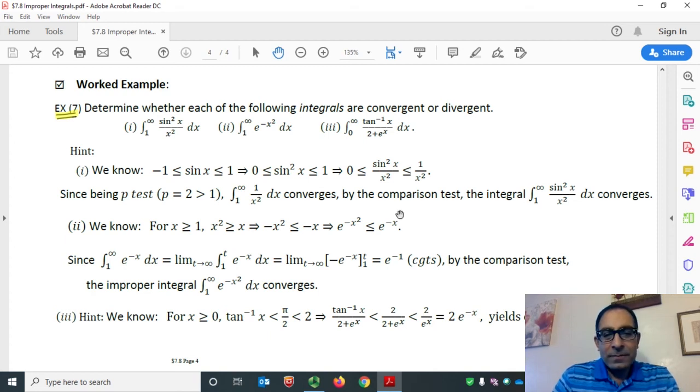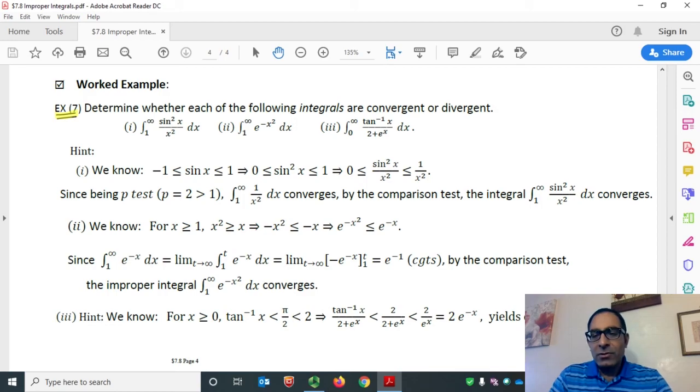So now, on the right hand side, this 1 over x square, by the p-test, the p is 2, which is greater than 1, so this integral converges. Then by the comparison test, the integral of sin square x over x square from 1 to infinity converges.